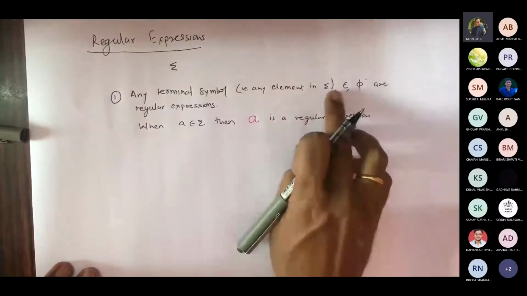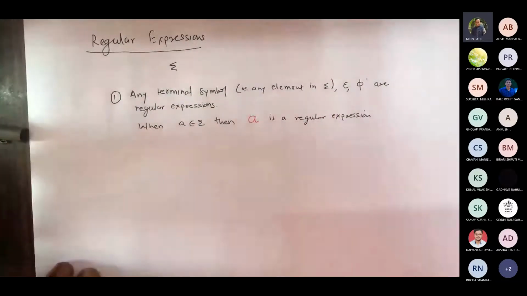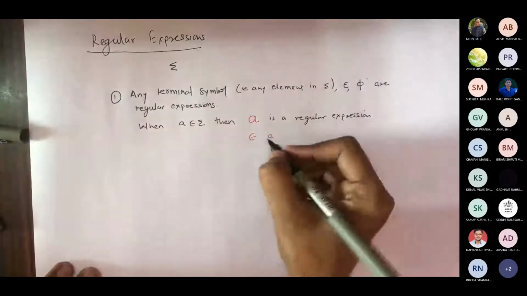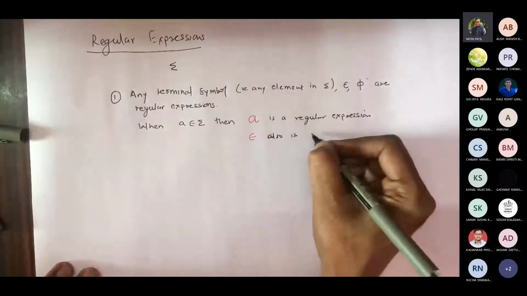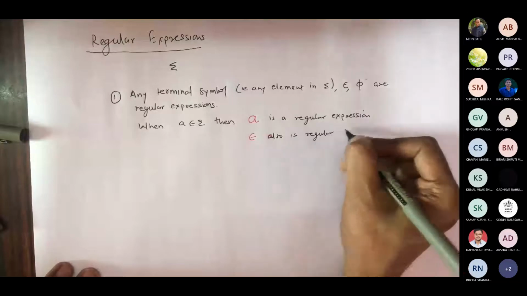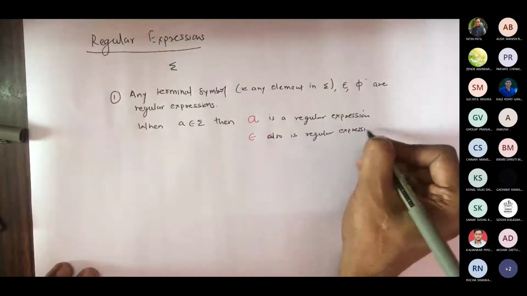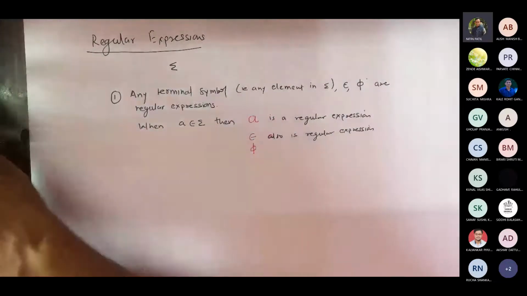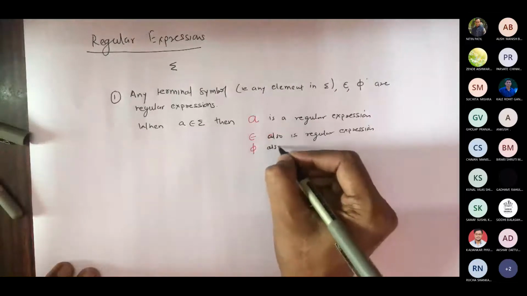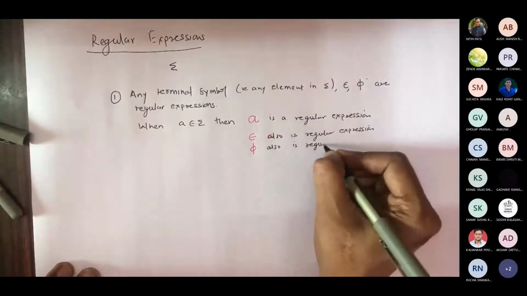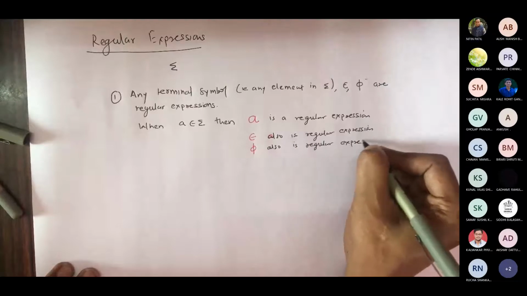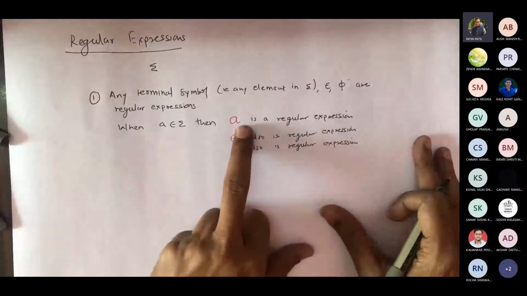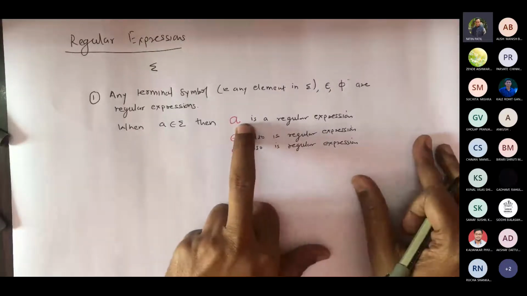And similarly epsilon is also a regular expression. Even phi is also a regular expression.